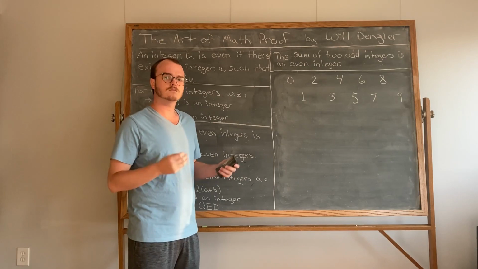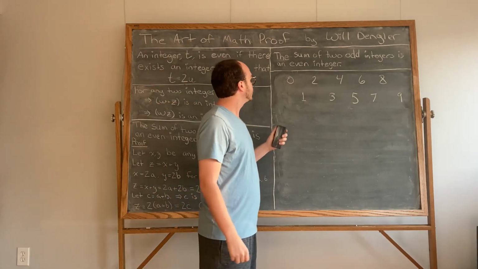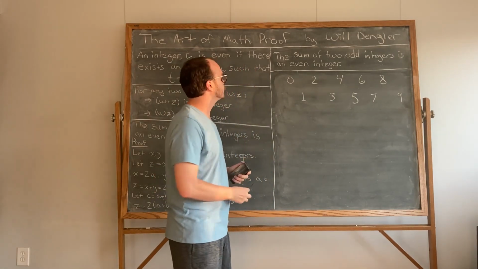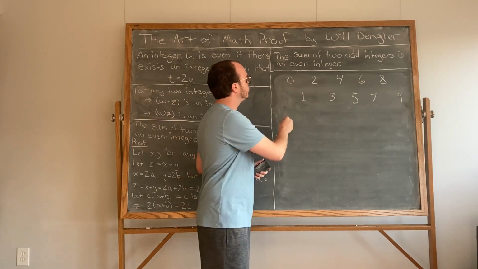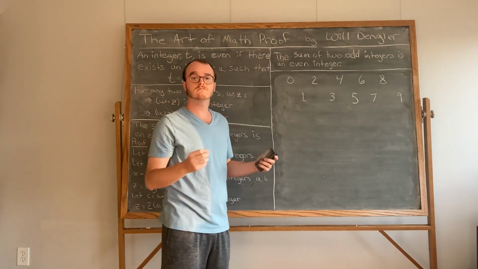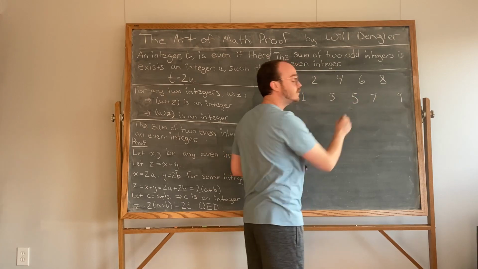Okay, so if these are the even integers, the multiples of 2, and we have the odd integers, all the ones that aren't even, we can notice something. Well, the even integers, they're every other integer, starting with 0. And the odd integers are also every other integer.